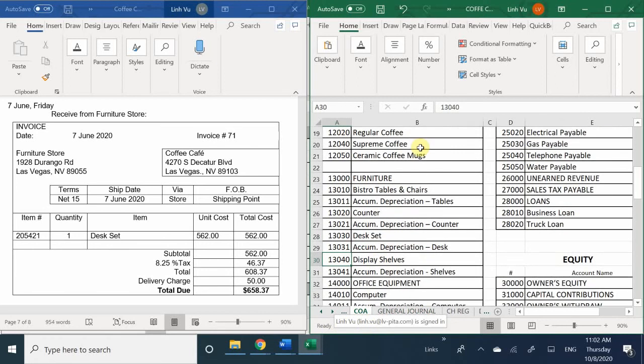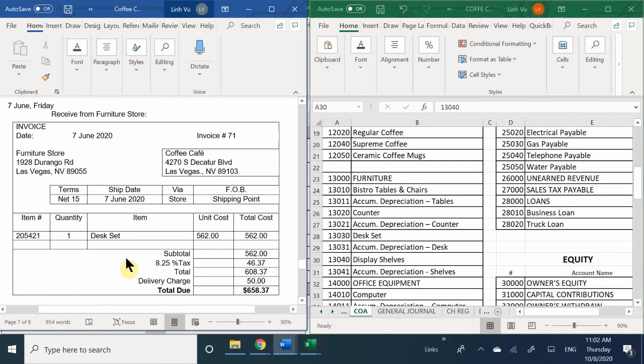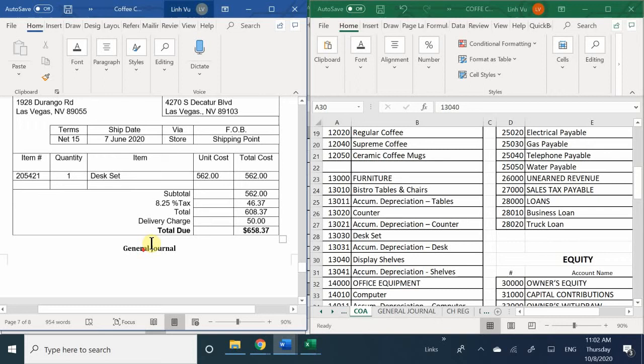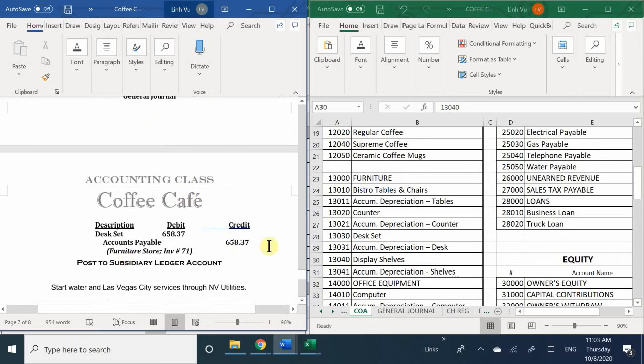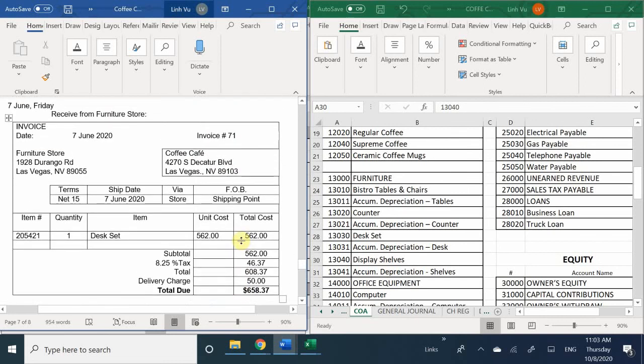Yeah, 13030. We do. We have it for 13030. Now, if we're receiving a bill, are we going to pay it now or are we going to pay it later? Later. We're going to pay it later. So accounts payable is going to be our second account that we're going to place it on. And again, yes, we recognize that we do have a desk set.